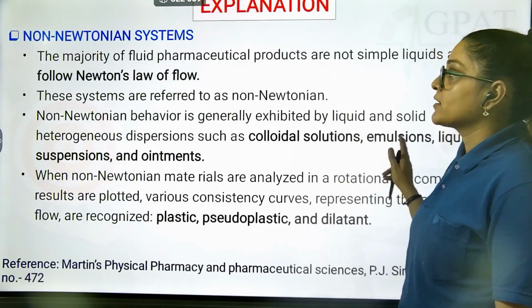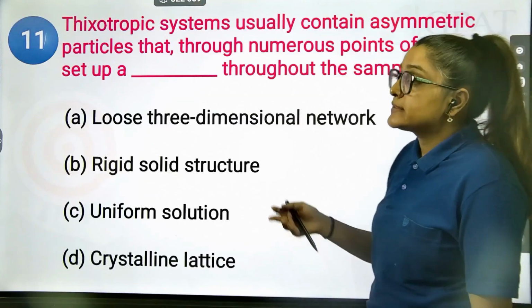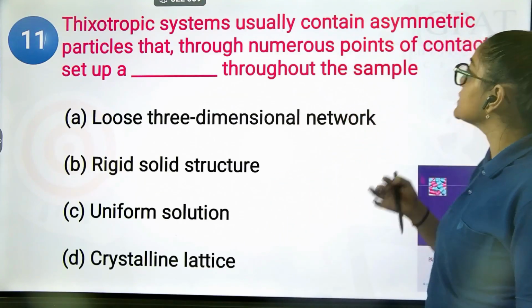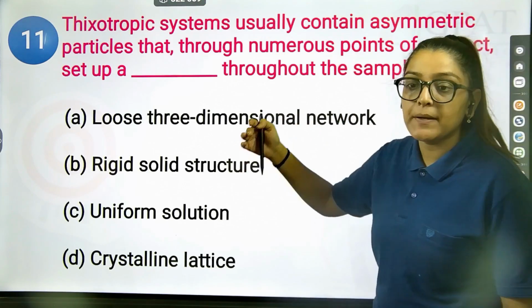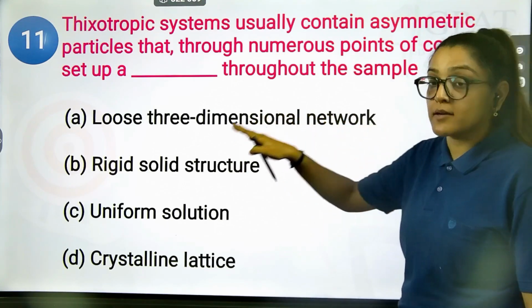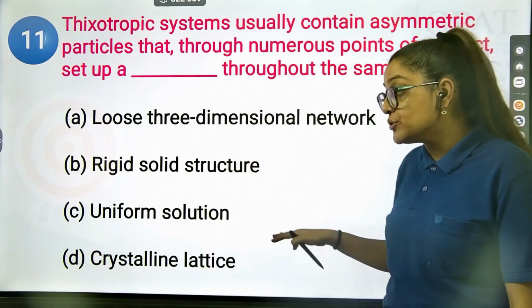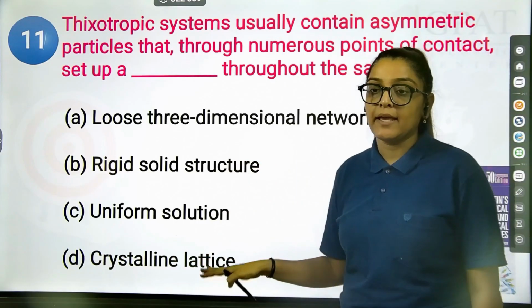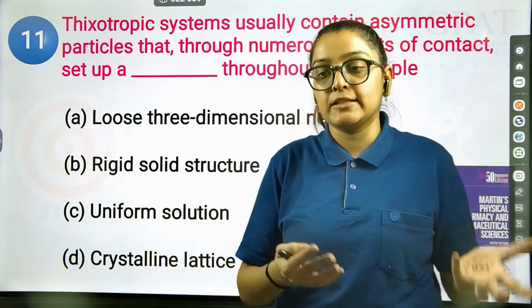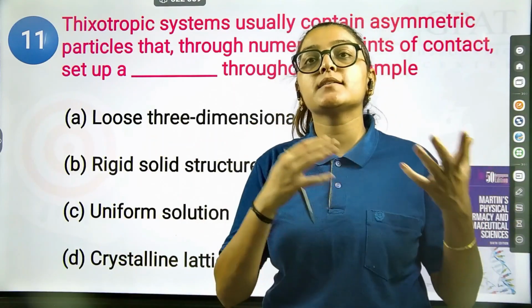Next question. Thixotropic systems contain asymmetric particles that pass through numerous points of contact, setting up a dash through a sample: loose three-dimensional network, rigid solid structure, uniform solution or crystalline lattice. We are not talking about solution. We are saying gel, sol, gel state. It is a convertible state.